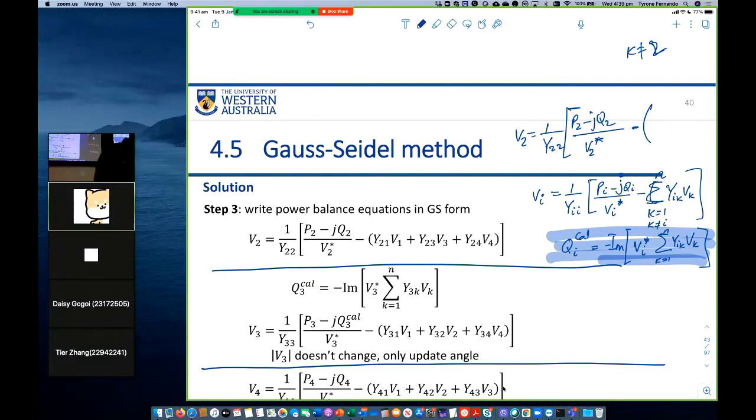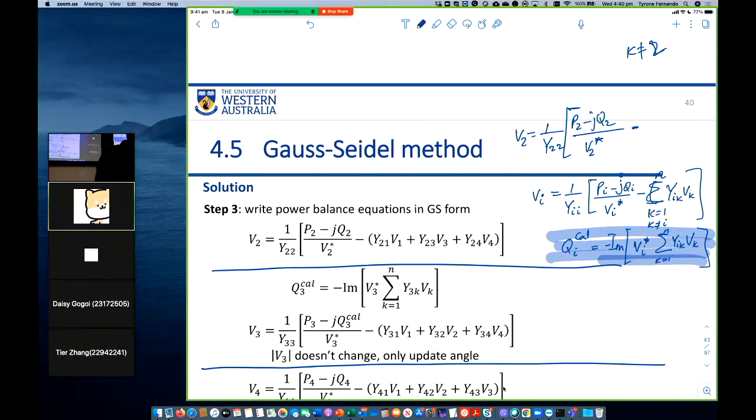Let me write it again. In the summation I is equal to 2.